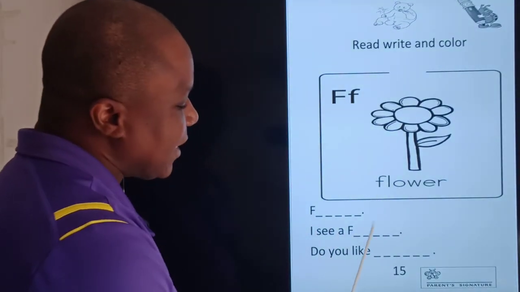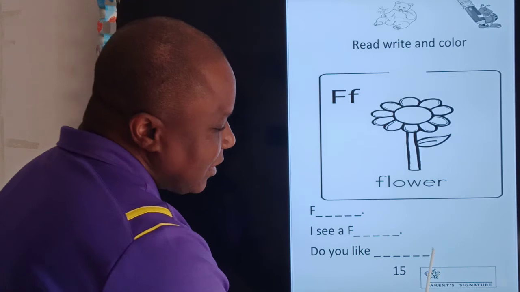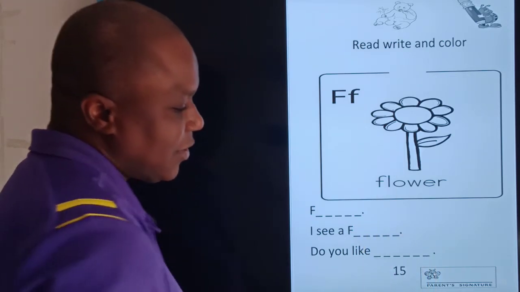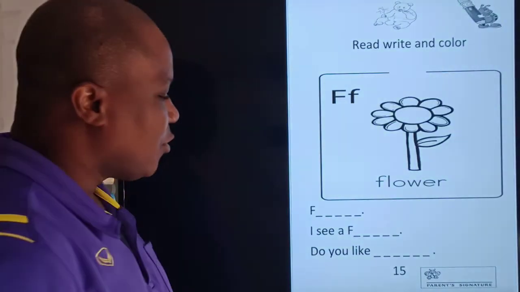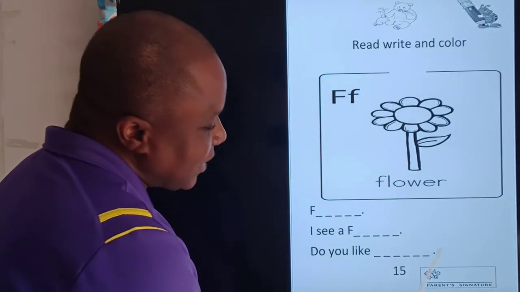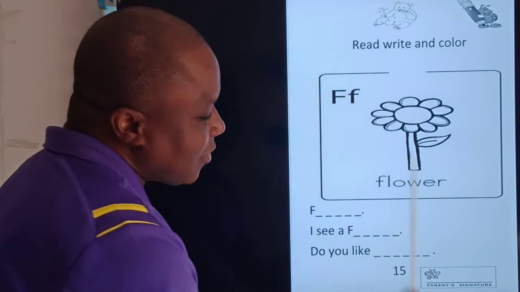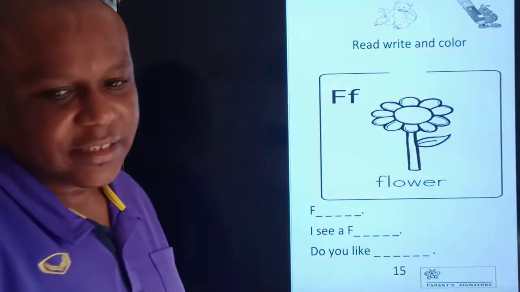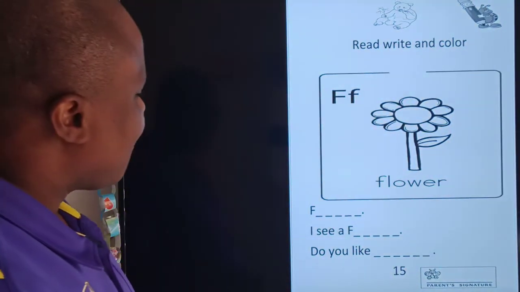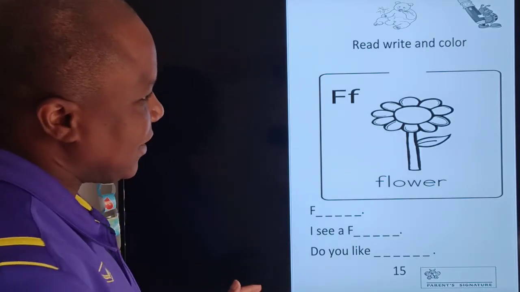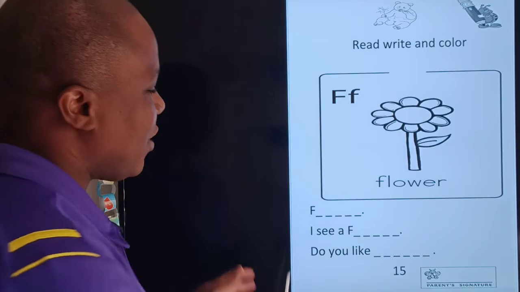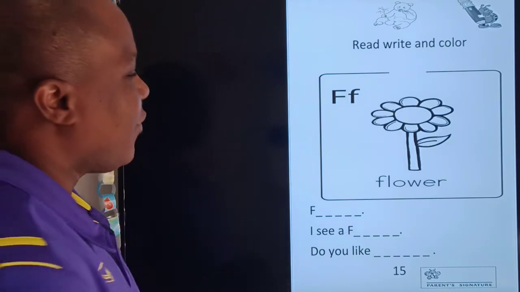Do you like flower? The question mark will come up here, to show that it is what? Question. So what I want you to do is write the flower complete and put what? Question mark, to show that it is what? Question. I hope you understand the sentence, how we arrange it here about flowers.